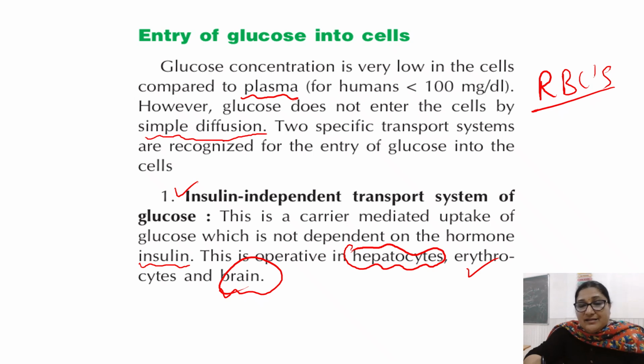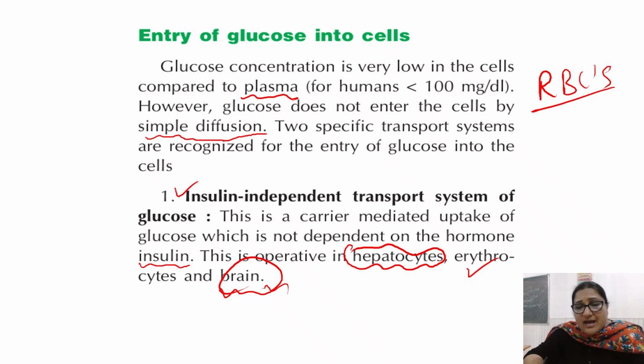Hence, there the transport system is not dependent on insulin. Similarly, it happens with the brain. So insulin plays no role whenever there is the transportation of glucose into the hepatocytes, erythrocytes, and brain.